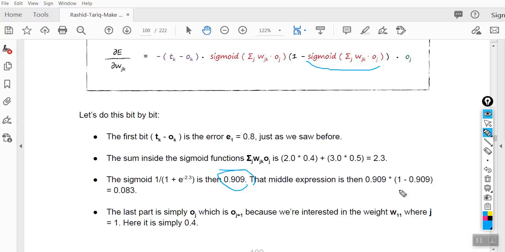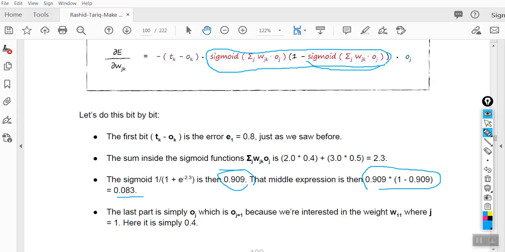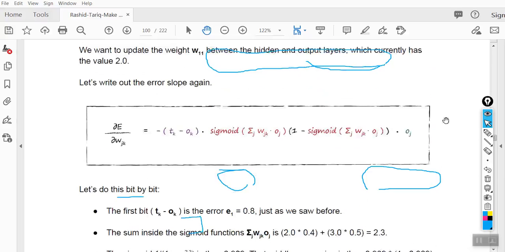Okay, then the middle term of this equation is here, and the output of the first node is here.